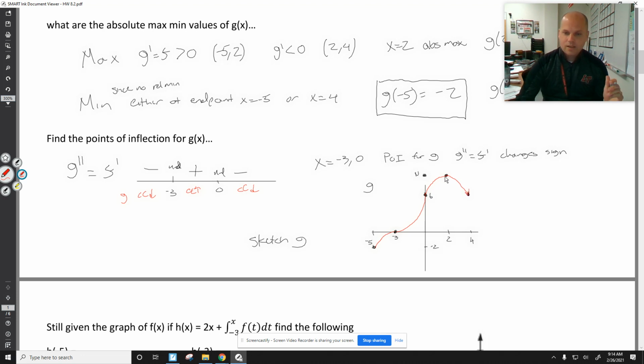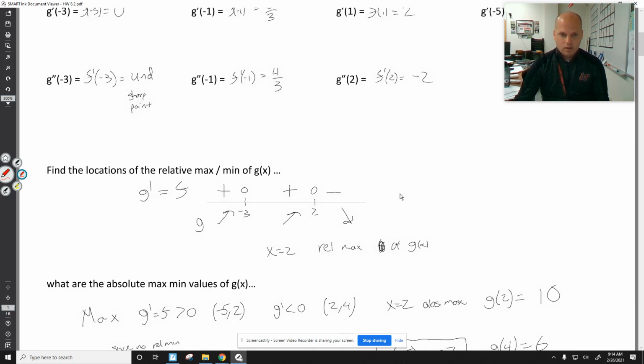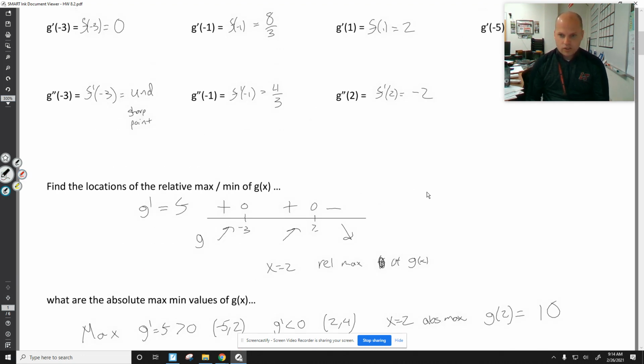In the past, we were unable to do such an accurate job of sketching what F looked like given F prime, because we didn't know the fact that areas under F prime told us changes in F. So in the past, what we did was kind of just throw this down, and we were like, okay, this is F prime.